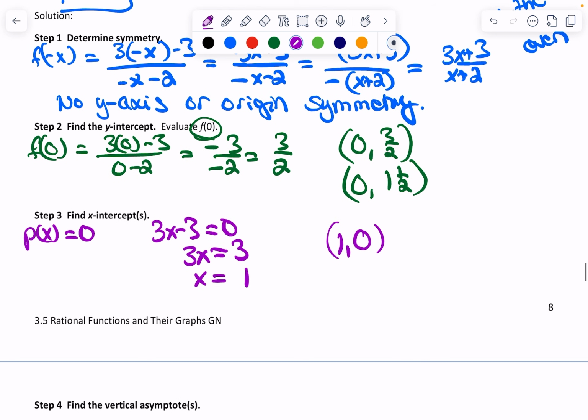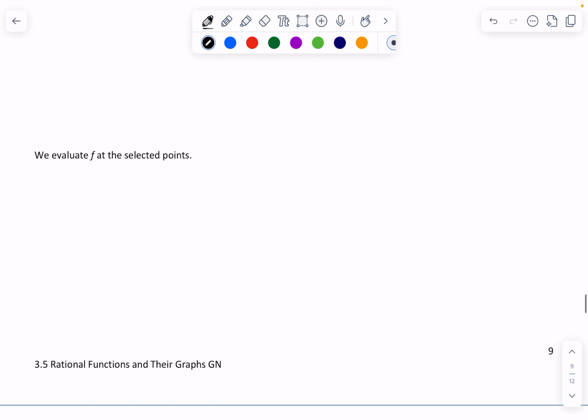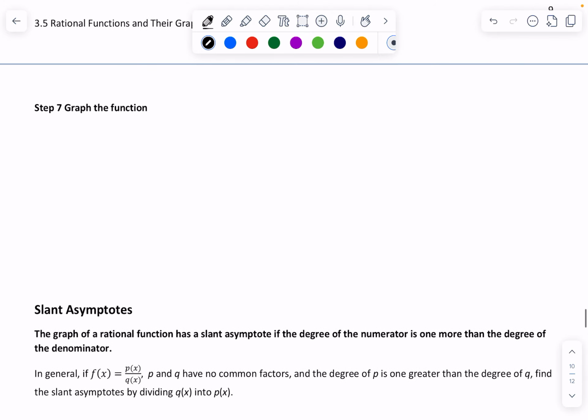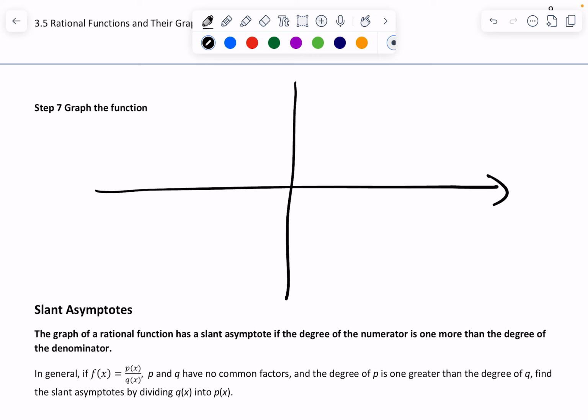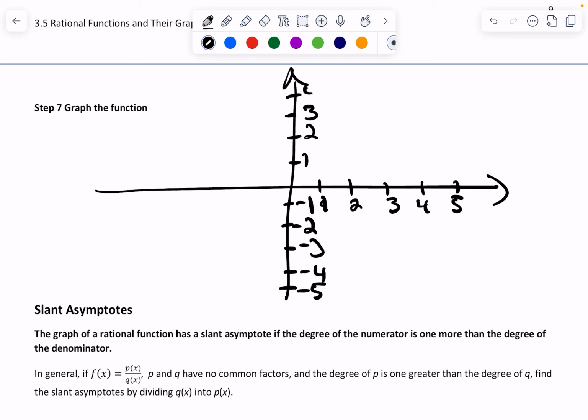Let's actually start plotting these points. Here's the graph of the function. Two, three, four, negative 1, negative 2, negative 3, negative 4, negative 5.